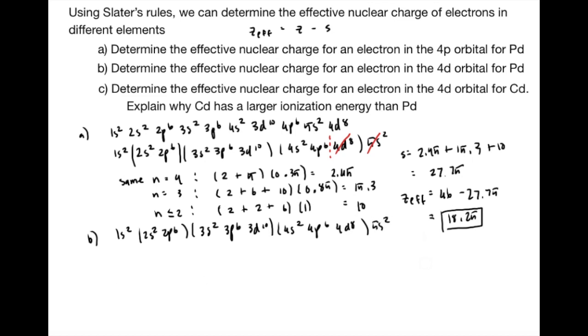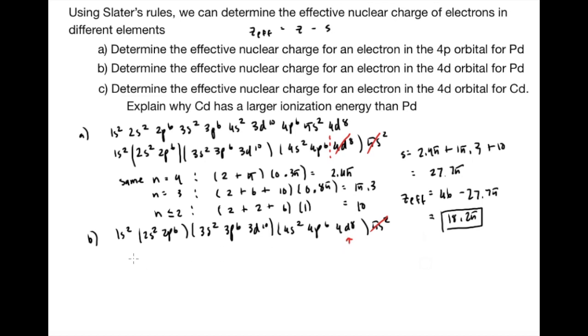So again, for the electrons that are in higher energy levels than the atomic orbital that we're interested in, we can simply ignore this. So 5s2 will not contribute to the shielding constant. And so we'll need to figure out the shielding constant for the electron in 4d.